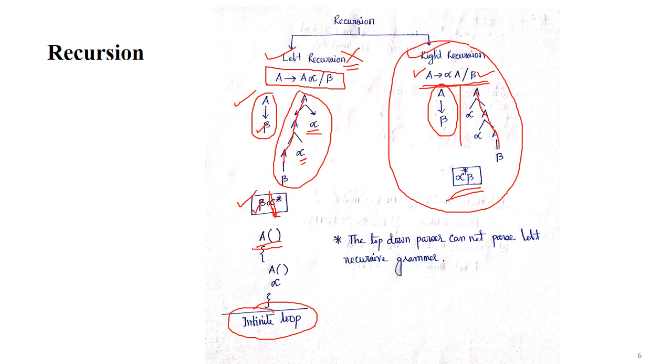If I apply this type of code, then it may happen that because of this A function, it will go into an infinite loop, and that is why we don't use left recursive grammars. Always we prefer right recursive grammars. And one more important point to note here: there are many types of top down parser, and one of the top down parsers cannot parse left recursive grammar.